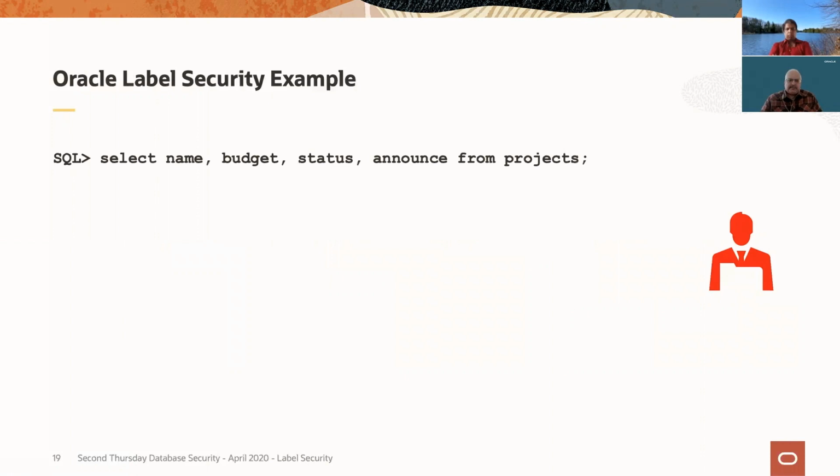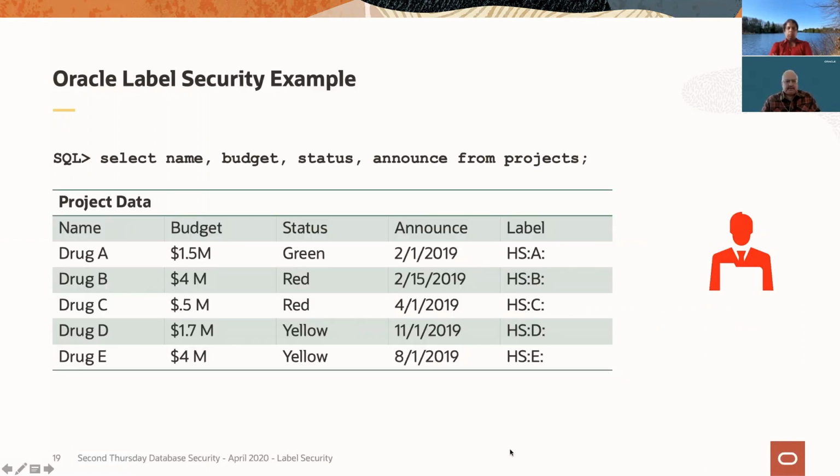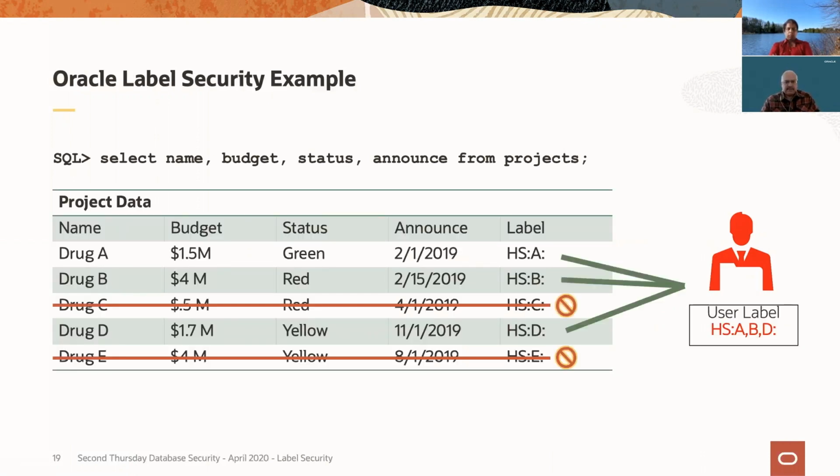So quick example, let's say you have a project, and there are labels. This user has been set so that you can see highly sensitive and A, B, and D compartments.